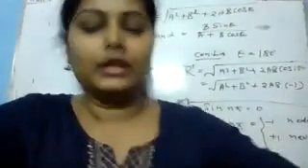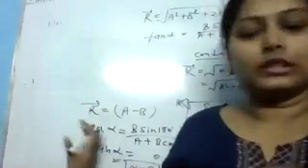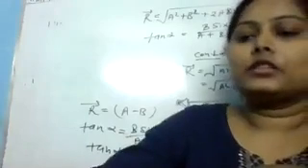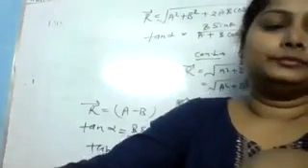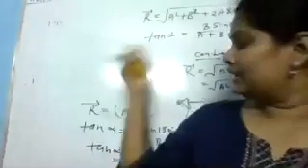Here alpha is not specific for us. So the direction of the resultant is the direction of the bigger vector. Is this clear?